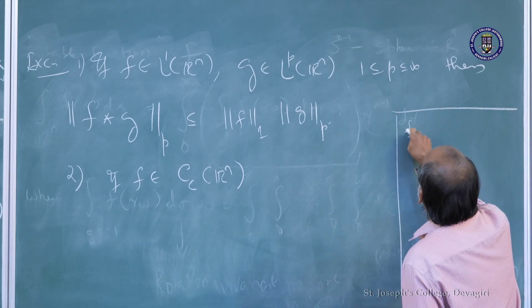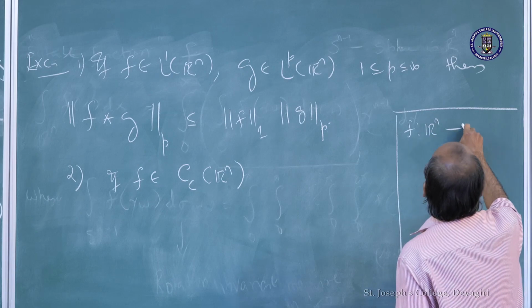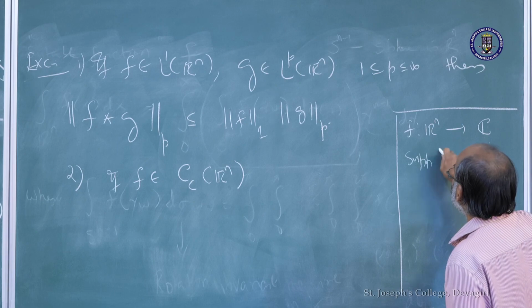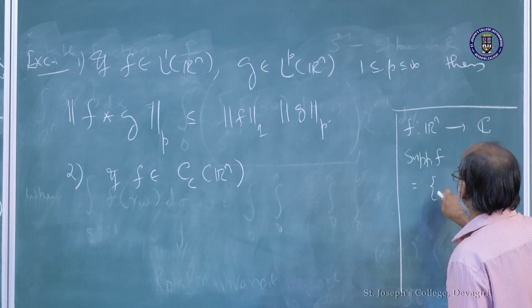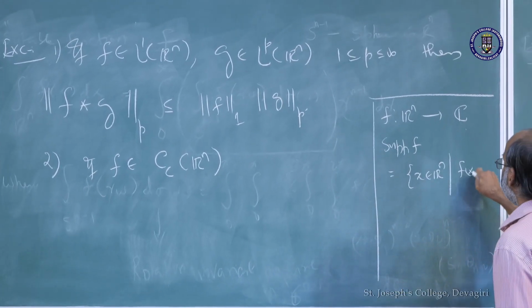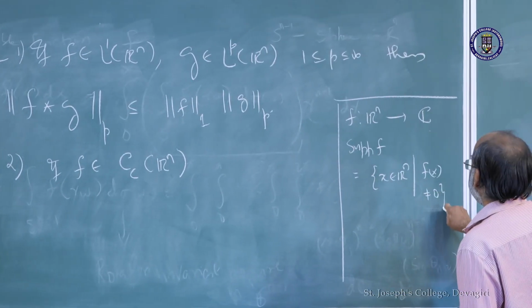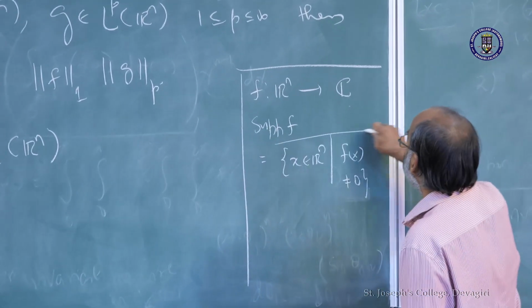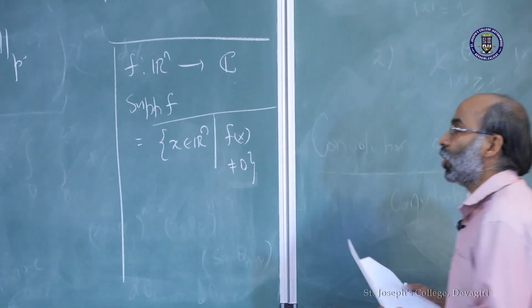okay, if I have a function f from Rn to, let us say, the complex plane, the support of f is, you look at the points where f is non-zero, and you take the closure of that. So, that is called the support of f.